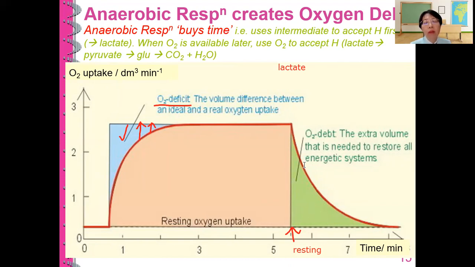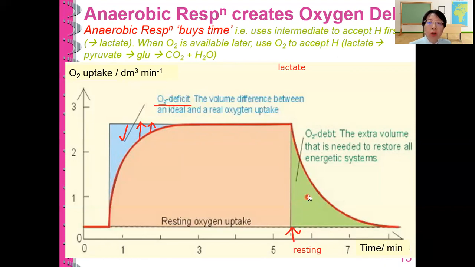During that time, you're already resting, but the oxygen level taken in by the body is still higher than the basal metabolic rate here. Can you see that? The oxygen level that's taken in is still very high. It will take some time to slowly decrease until the basal metabolic rate level. So there will be excess oxygen being taken in even though skeletal muscles are resting.